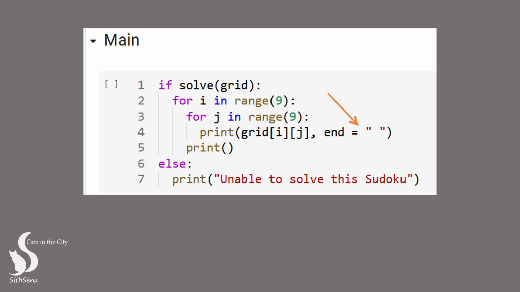After the last cell of the row is printed, i.e. when j equals 8, we set the end parameter back to its default value, \n, to move the output to the next line and begin printing the next row. If our program was unable to solve the puzzle, the solve function will return a false value, and this will trigger the else statement, and print the statement, unable to solve the Sudoku.